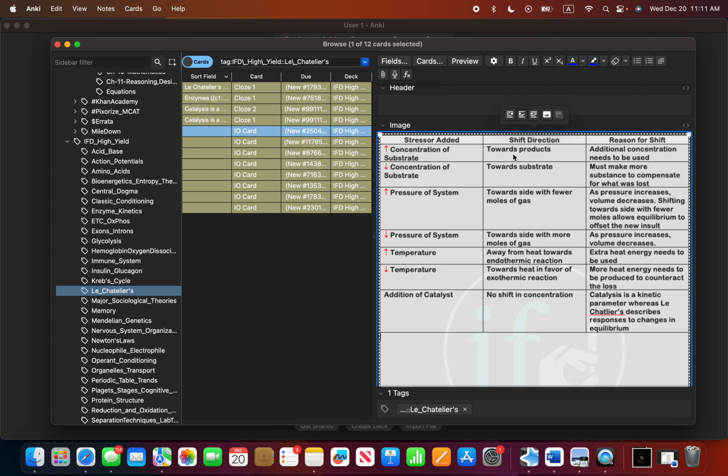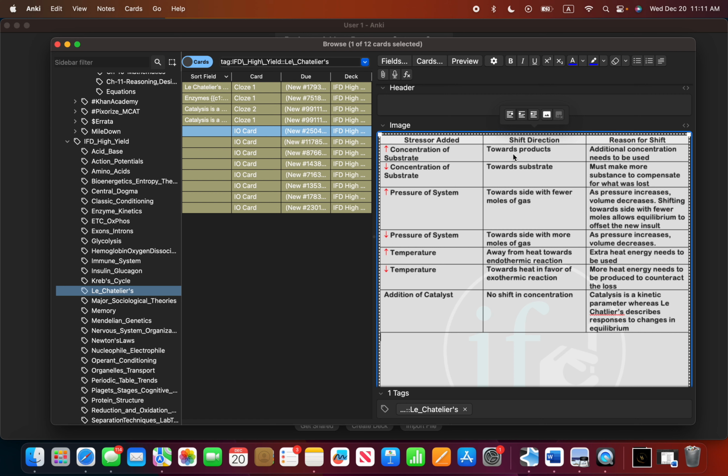And then if you lower the concentration of substrate, the whole thing shifts towards the substrate, right? So you must make more substance to compensate for what was lost.